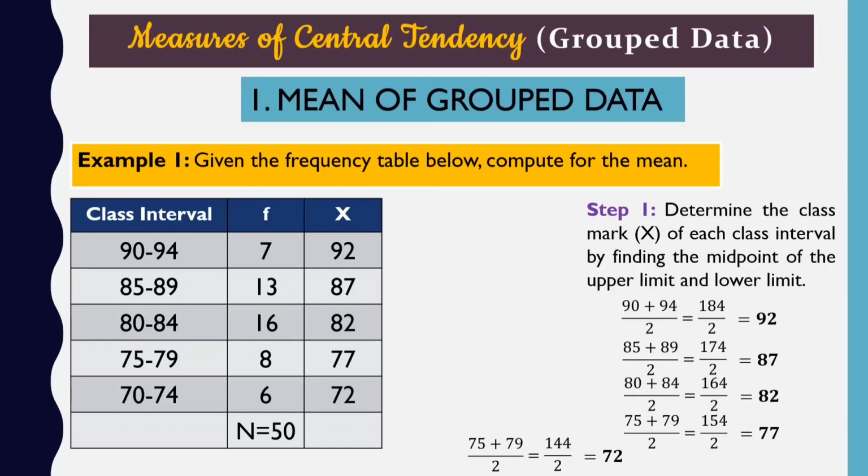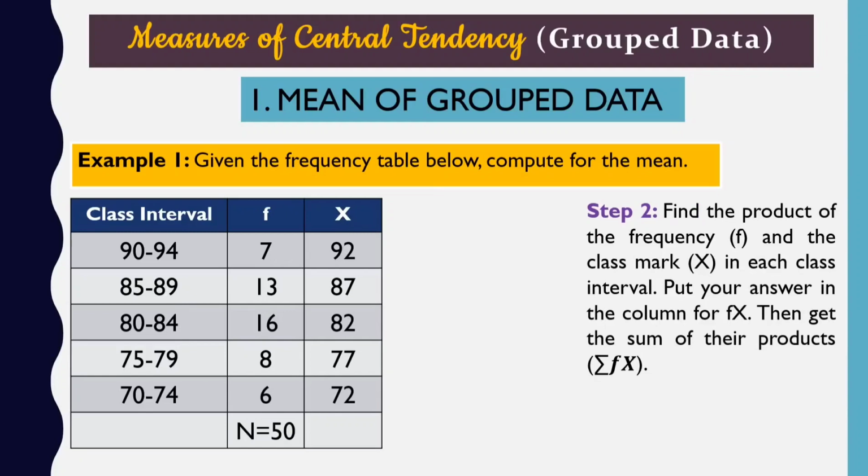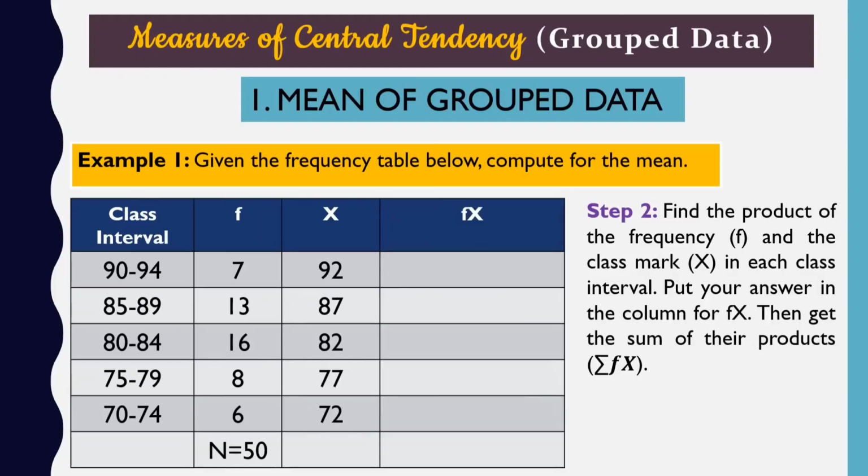The next step that we will do is to find the product of the frequency and the class mark for each interval. We have to add another column, which we will write as f times x.